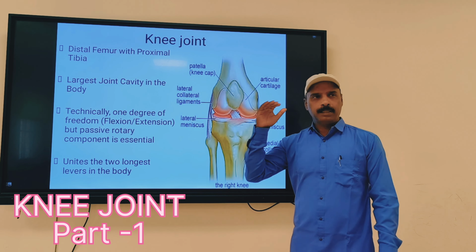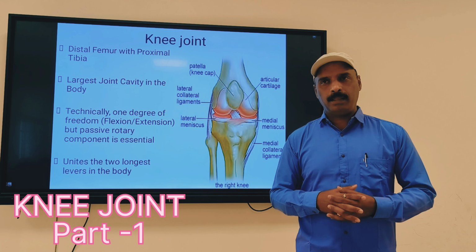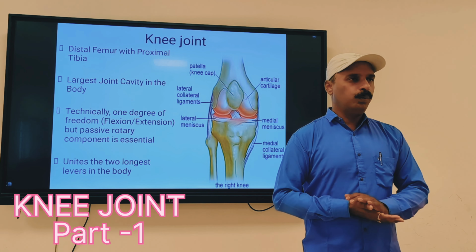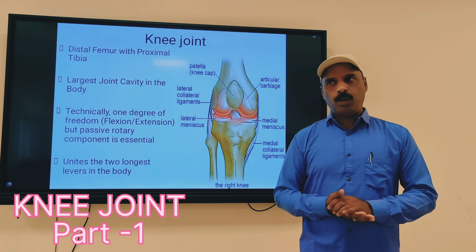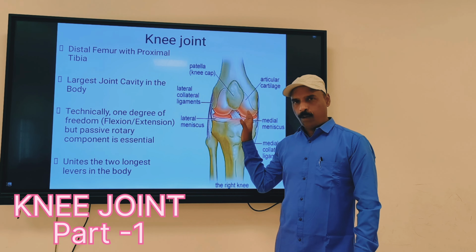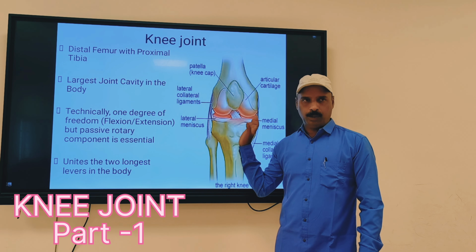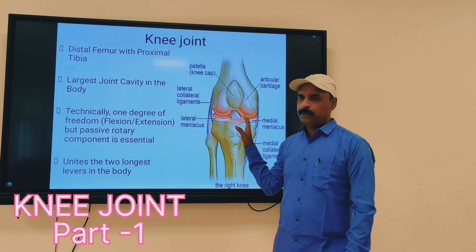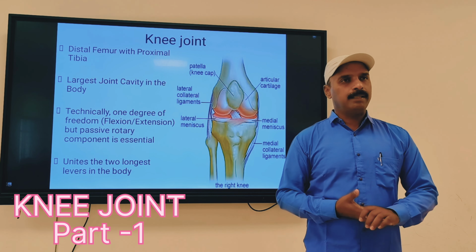So two joints are formed in one total, and more than two bones come together. That is why we call it a complex variety of joint. Complex and compound variety of synovial joint. This is what you have to remember, why we call it complex and compound.